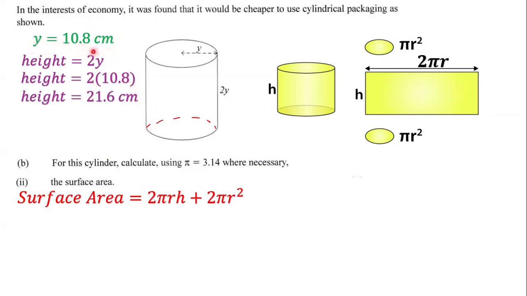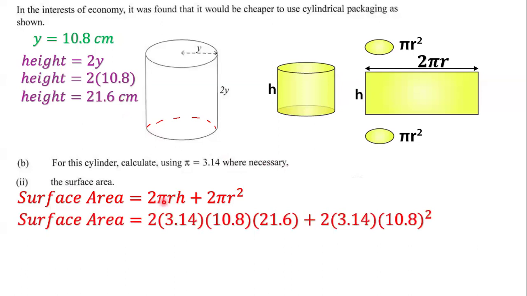What is the height? The height is 2 times y, so twice the radius. So it's 2 times 10.8, and 2 times 10.8 is 21.6. That's the height.